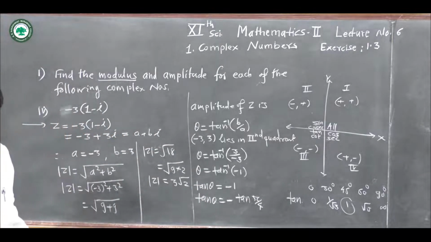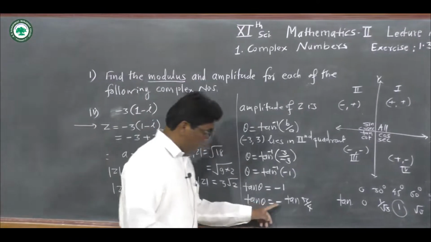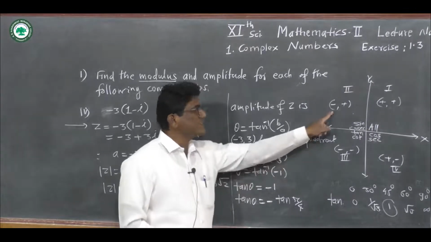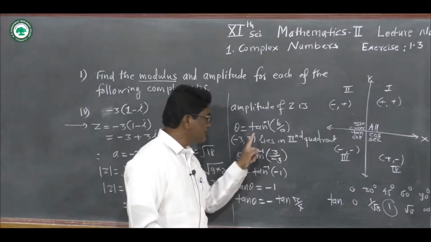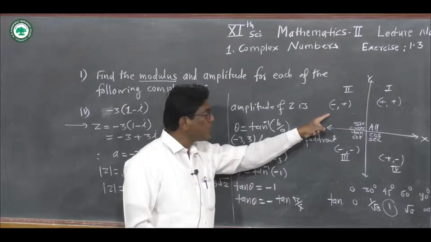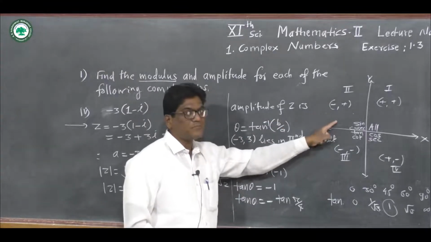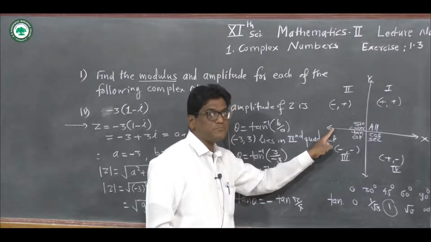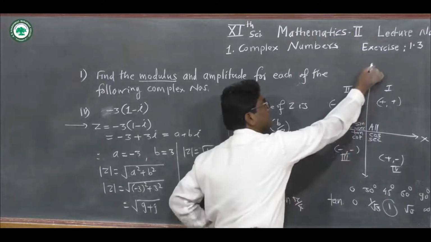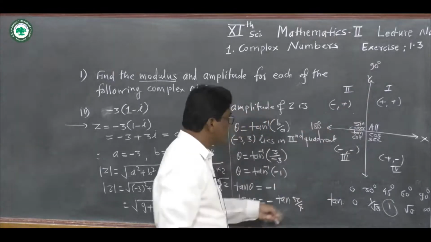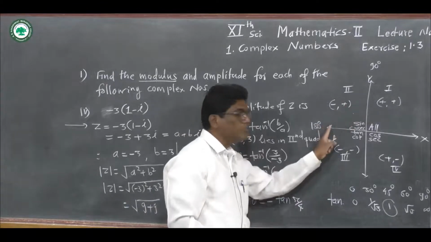But here the left side is positive and the right side is negative. Why is it negative? Because this angle lies in the second quadrant. The point lies in the second quadrant, so the angle must be from 90 degree to 180 degree.